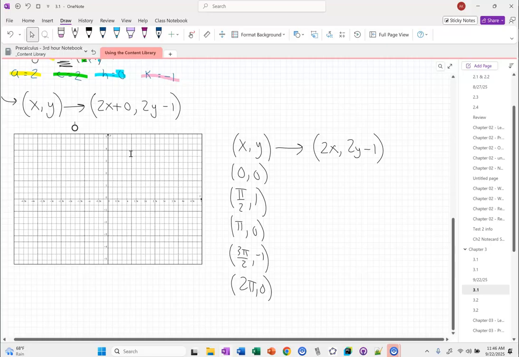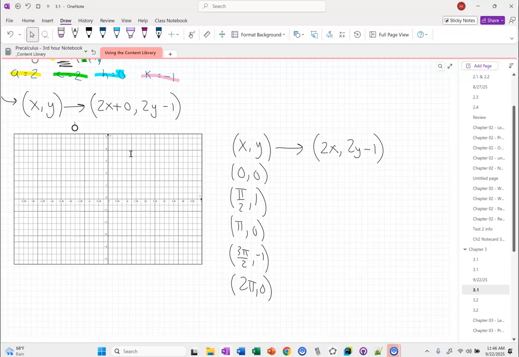So what I'm going to do now to find my new transform point is take each point from my parent function and plug it into the x and y in my map. So I'd have 2 times 0 for the x, and then 2 times 0 minus 1 for the y.